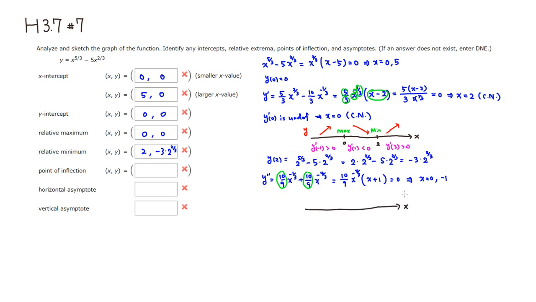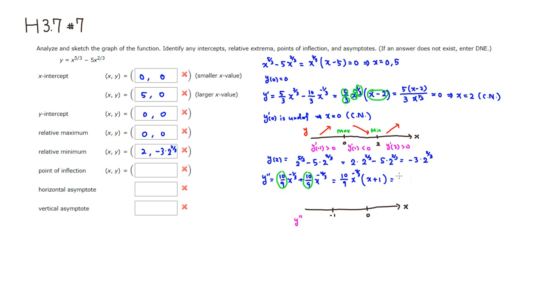Here is negative 1 and we have 0. Then we look at the sign of y double prime. Oh, actually, sorry, I messed that up here. This only gives you negative 1, so maybe I should rewrite it this way.